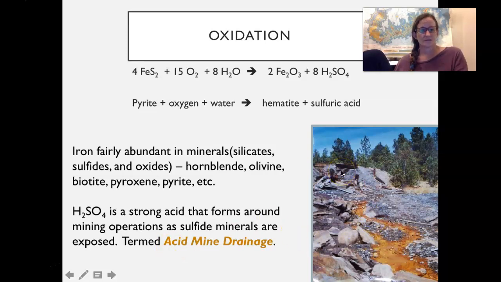What happens is in these old mines, the excavation and the stirring up of those rocks and the big tailings piles, those get rained on and they are exposed, and the exposure of all that pyrite creates an acidic environment, and sulfuric acid then comes out of the mine. That's acid mine drainage. It's usually because of these sulfide minerals.